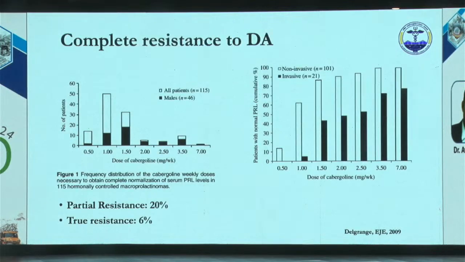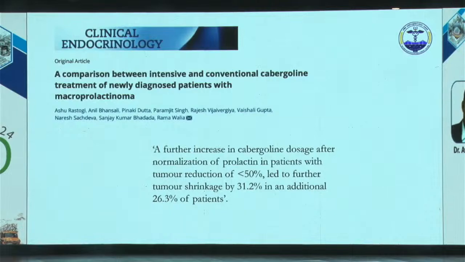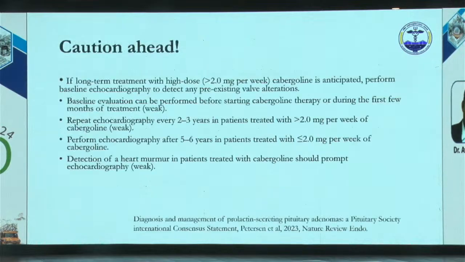That is also important. Okay, so here from the PGI study also we can see if you increase the dose of cabergoline in patients who don't have a normal prolactin, you can see additional tumor reduction of up to 31% in different types. That means that escalation of cabergoline dose is going to give you results in a good chunk of patients.